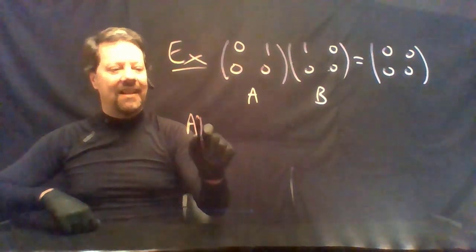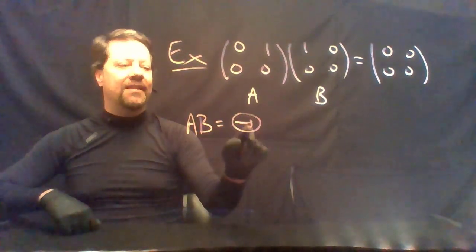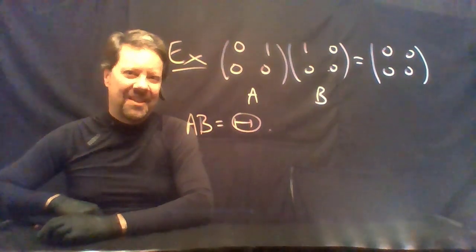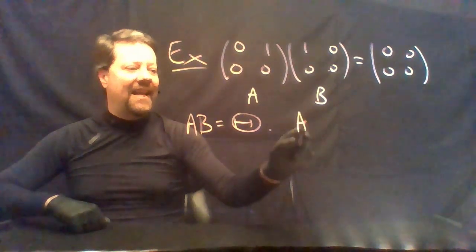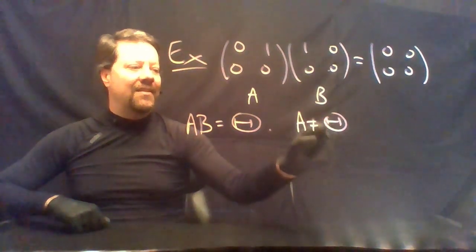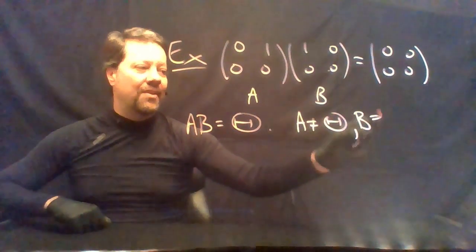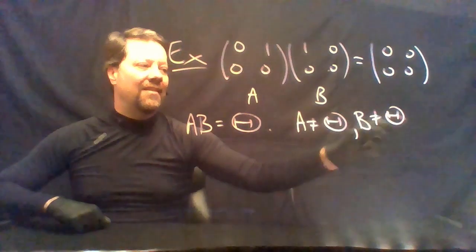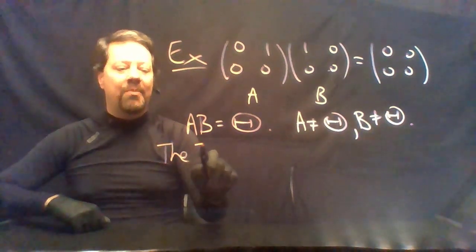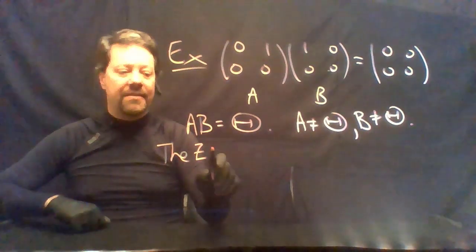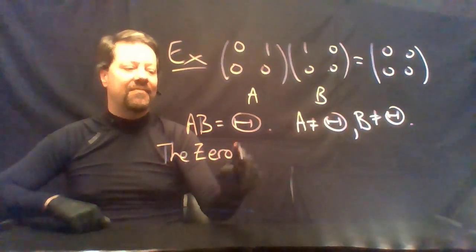So in this case, A times B is the zero matrix. This tells us something very important. Note that A is not the zero matrix, and B is also not the zero matrix. This tells us the zero product theorem is false for matrices.